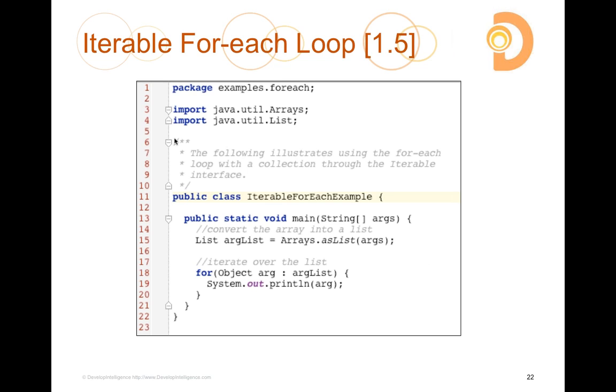The iterator is then used as I traverse over the list, and the runtime environment just pops each element off of that iterator and stores it into that argument. In this particular case, I print it off. So pretty straightforward syntax. If you've ever done any shell scripting, it should be very familiar to you.